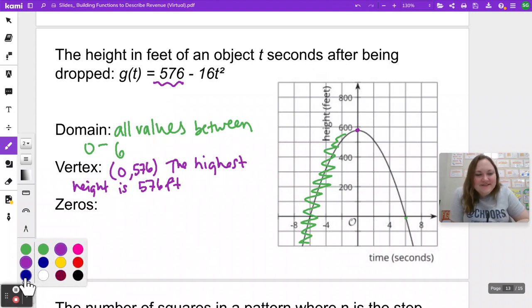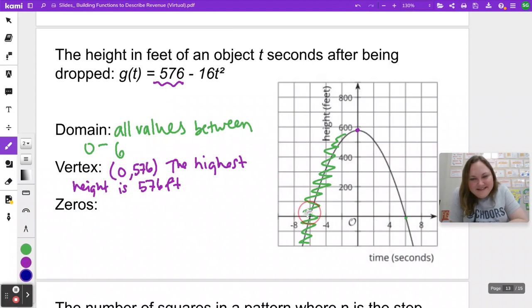And then finally, our zeros here. There is a 0 over here, but again, we have eliminated that as an option because it's over there in the negative time. And so there's only one true 0 that makes sense in this situation, and it's right there. That we started describing a little bit in our domain. It is at (6, 0). It's a 0 because notice the output, that y coordinate is 0.